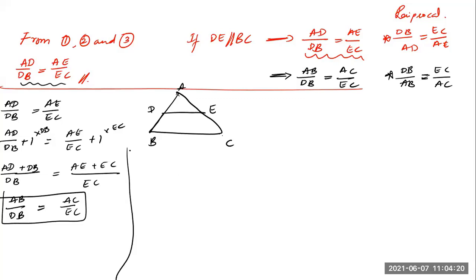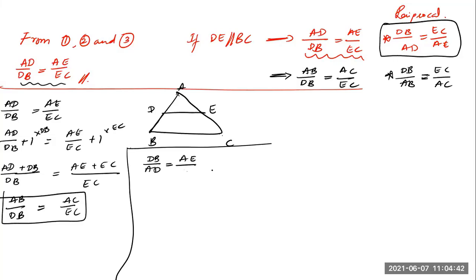So again what you can do, you consider the reciprocal of the main one. So that is DB by AD is equal to EC by AE. Okay. So again you add plus 1 here.